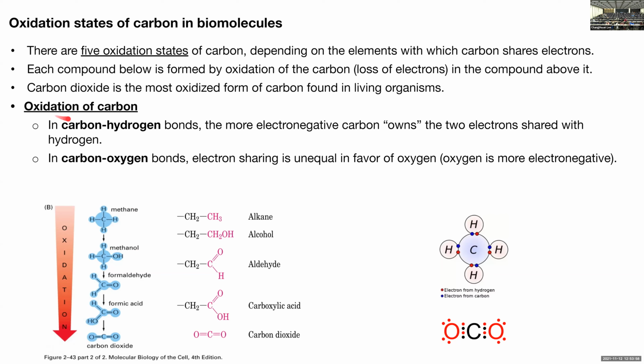And oxidation of carbon, you can take it as the case where a carbon-hydrogen bond changes to a carbon-oxygen bond. When you look at the carbon-hydrogen bond, the carbon is relatively more electronegative compared to hydrogen. So the carbon will basically have the electrons closer compared to the hydrogen, and it is a less oxidized form.